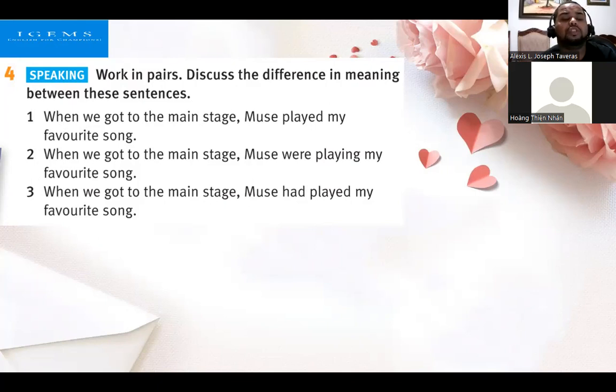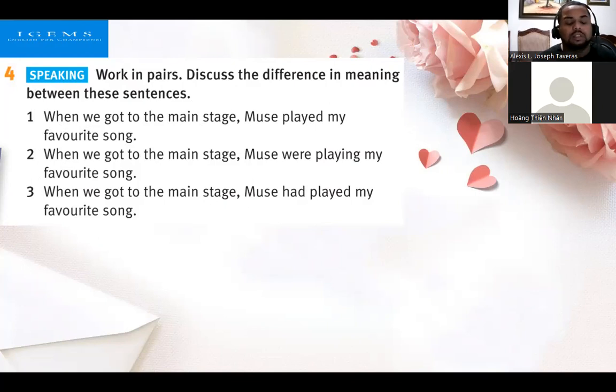So in these three sentences, Muse was playing, and it refers to Muse playing, but at different stages. One is simple past, another is past continuous, and the other is past perfect.